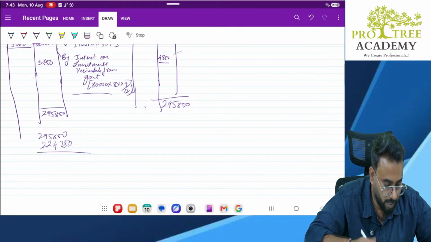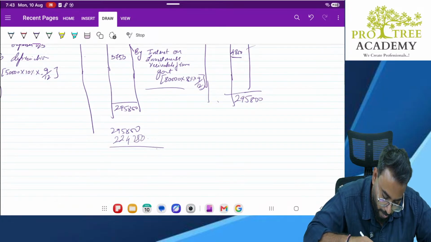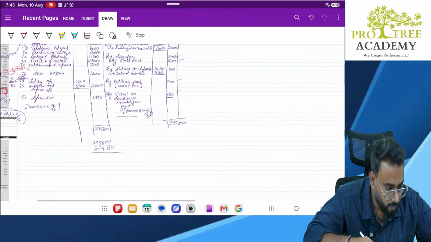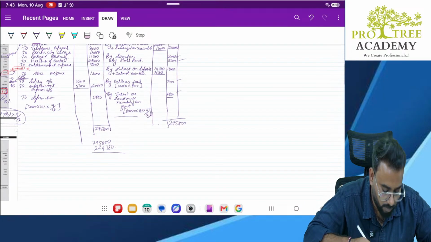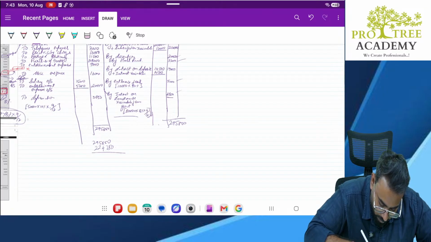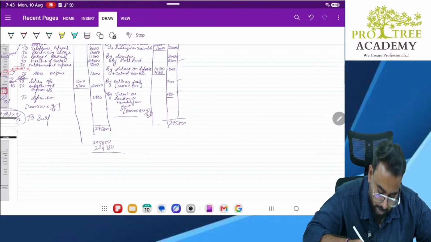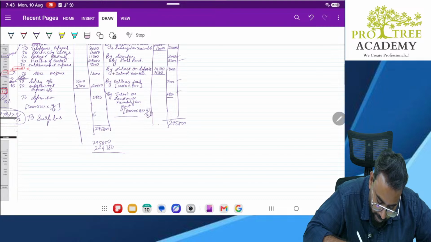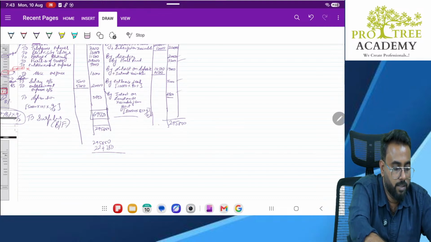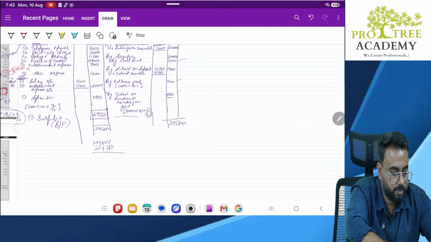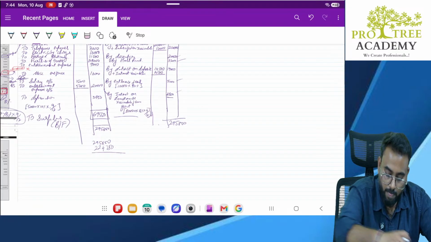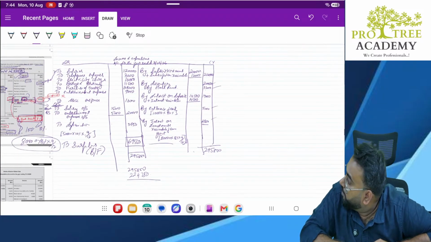So your surplus or deficit is, surplus is 69,550. This is the balancing figure.